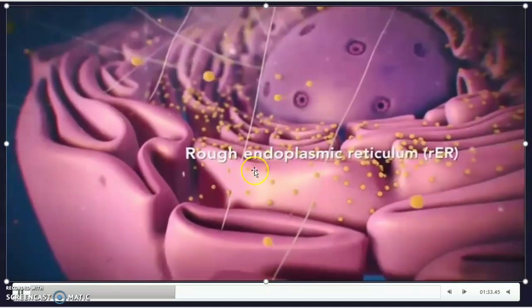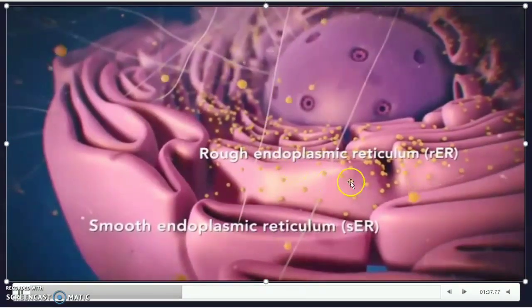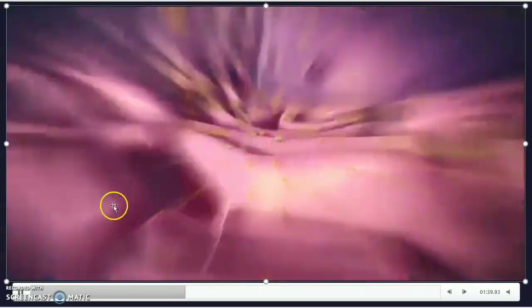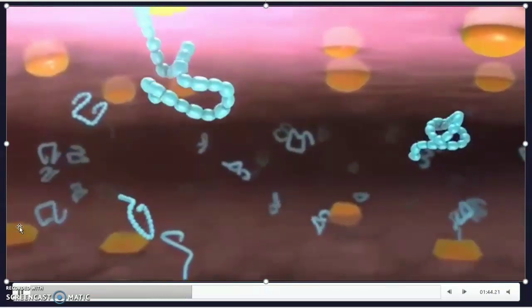See here, this is rough endoplasmic reticulum. Yellow spherical balls are attached to it. Here, if you observe, there are no balls. So that is smooth endoplasmic reticulum.